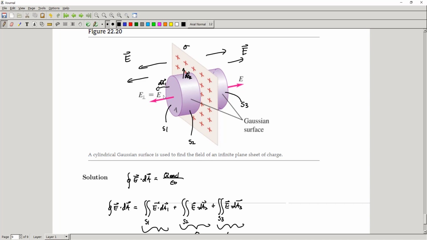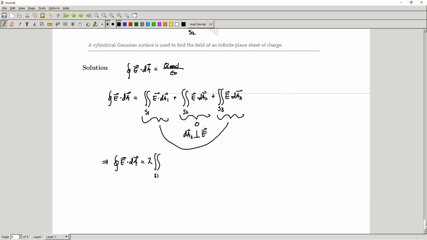So E dot dA is just going to be the same as E multiplied by dA. So this is going to be E dA1, and that's really our whole integral. This 2 comes from the fact that I'm counting twice, right? This is over surface 1 and surface 3, which we argued would be the same, and so we have this factor of 2.